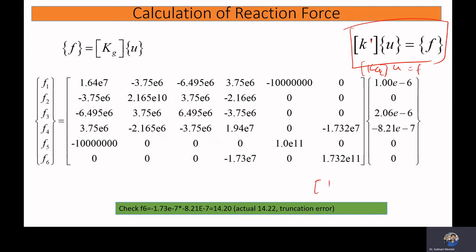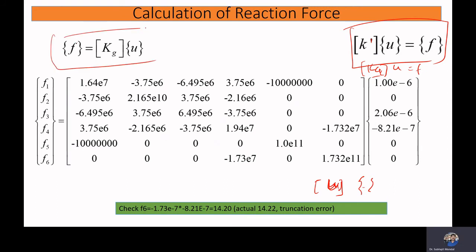Now we know what the force is, we know what our displacement vector looks like, and we also know how our global stiffness matrix looks along with the constants.